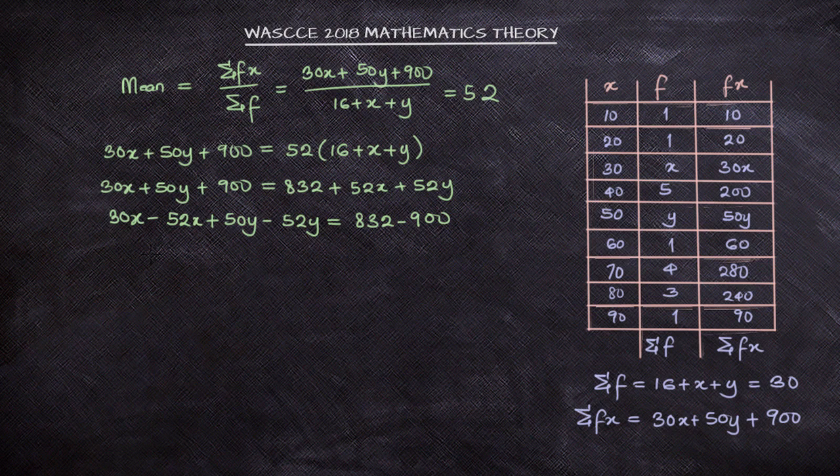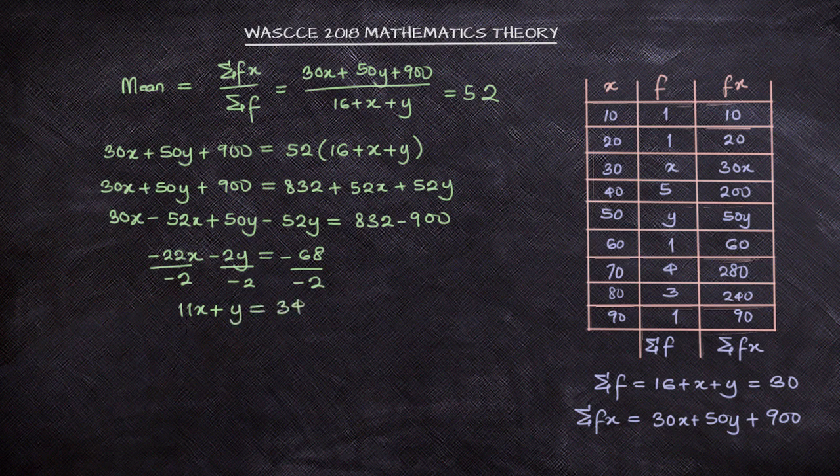So minus 22x minus 2y will be equal to minus 68. Now, all are divisible by 2. So let's divide all through by minus 2, so that the negative will even cancel out. We have 11x plus y is equal to 34.